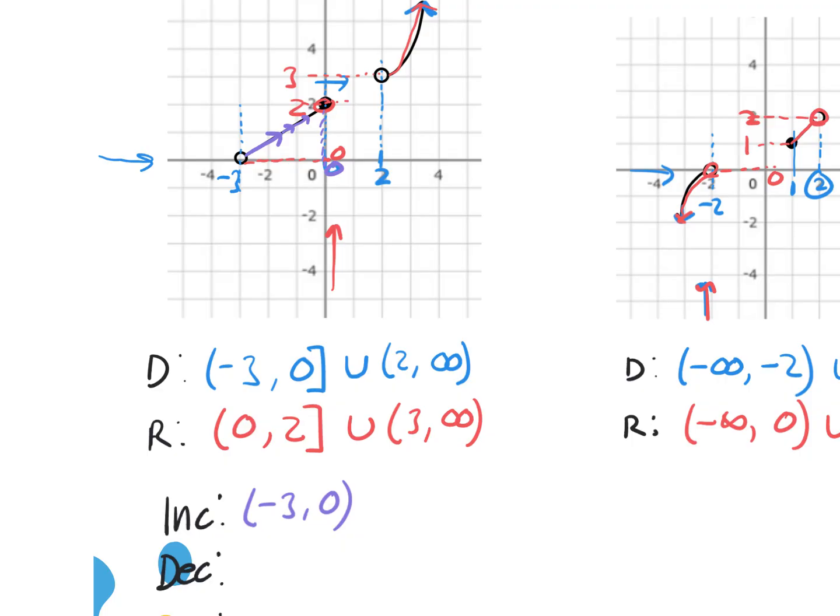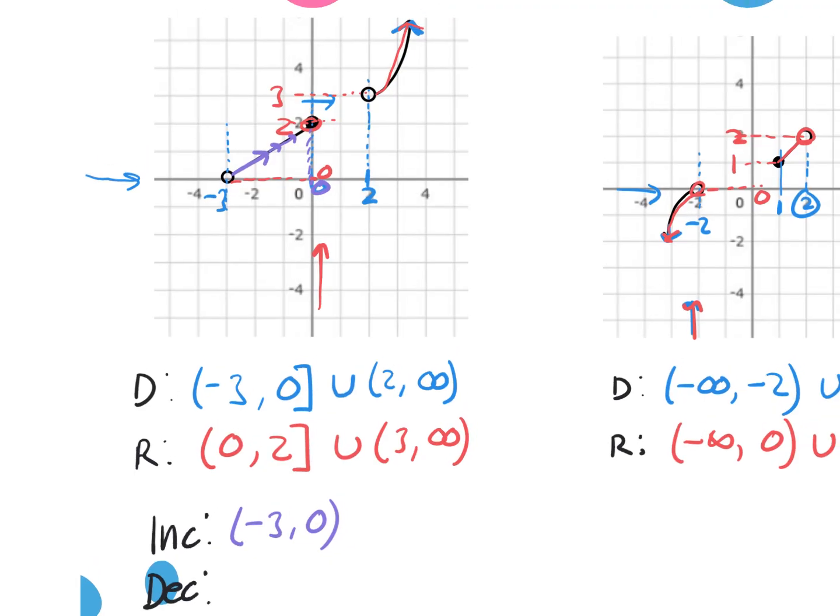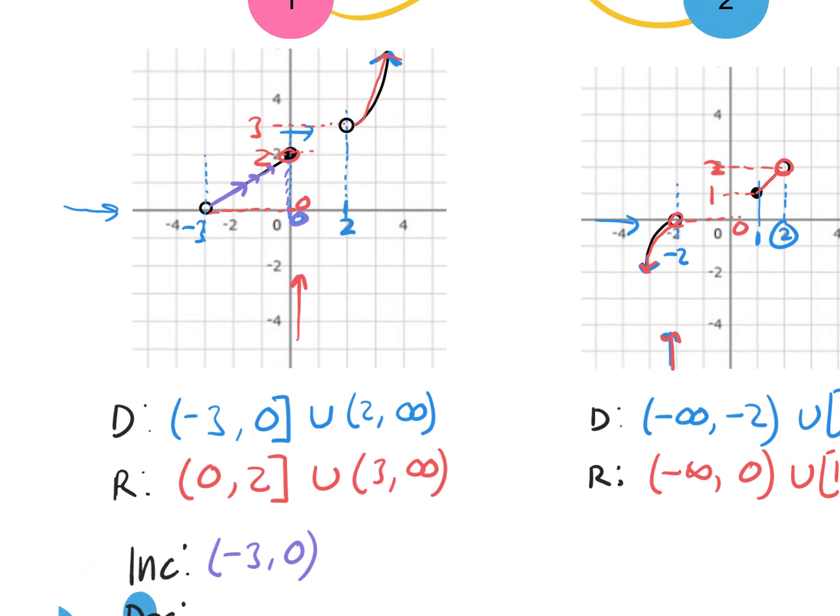You never want to include a closed circle in your increasing, decreasing, and constant, just because you can't be going up at a certain point. You can be going up between 2 points, but you can't really tell the behavior at the point where it ends. Once you finish, you're not really going up anymore. So we can't say that we're going up at 0, but we are going up between -3 and 0. Now look, where else on your graph are you going up? It looks like we're still going up at 2.